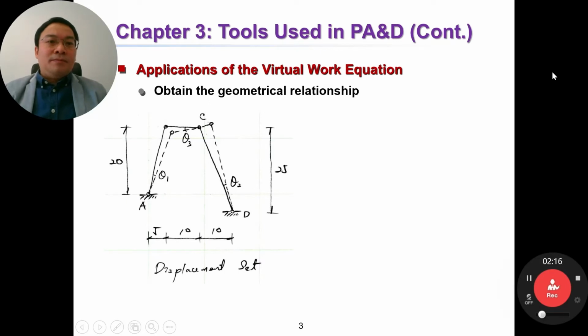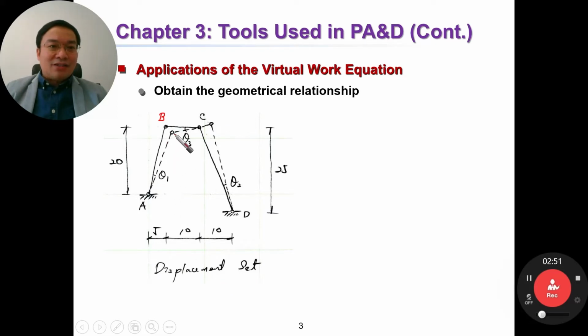First, the virtual work can be applied to obtain a geometrical relationship. Now let's consider a structure like this. We have a structure, let's say A, B, C, D. And we assume a displacement set like this.